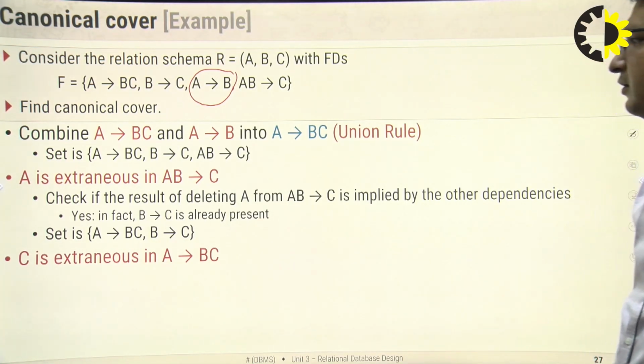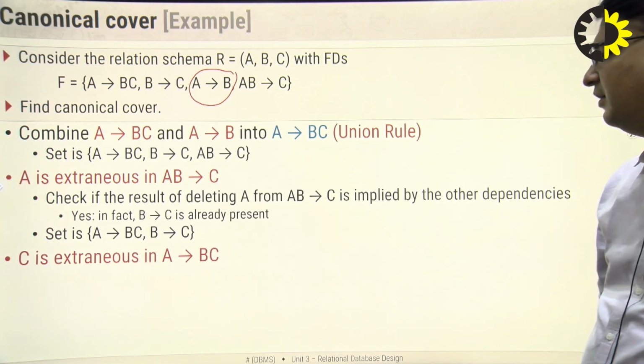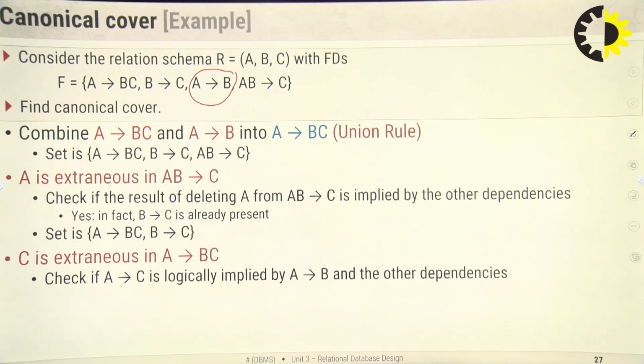Now, check if the result of deleting A from AB determine C is implied by other dependencies. Yes. B determines C is already present. So the set is A determine BC and B determine C. Next, C is extraneous in A determine BC.